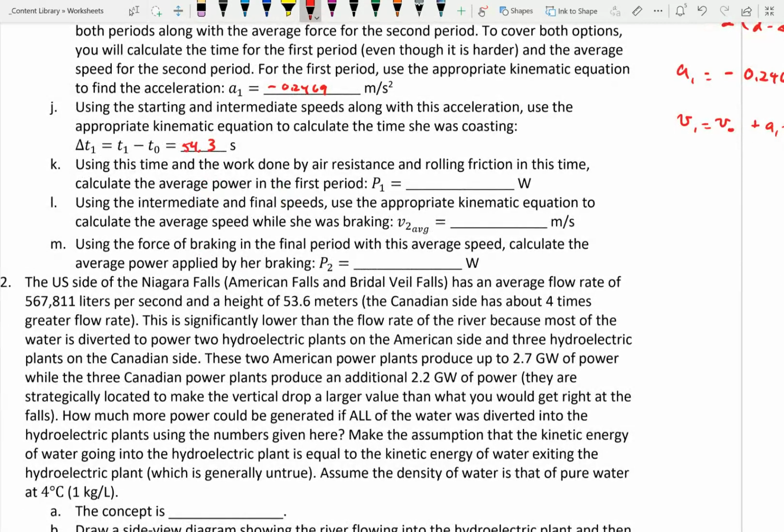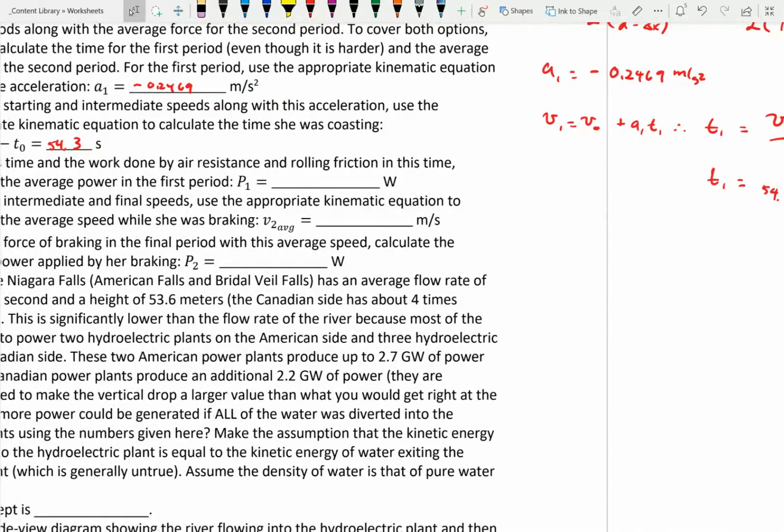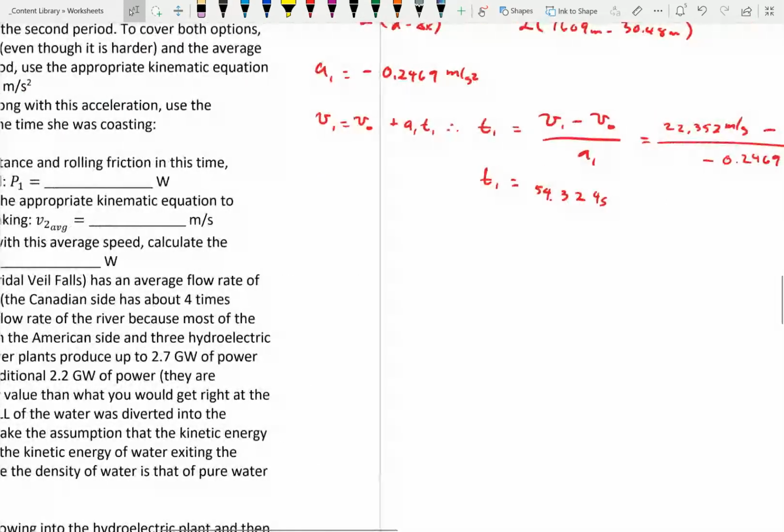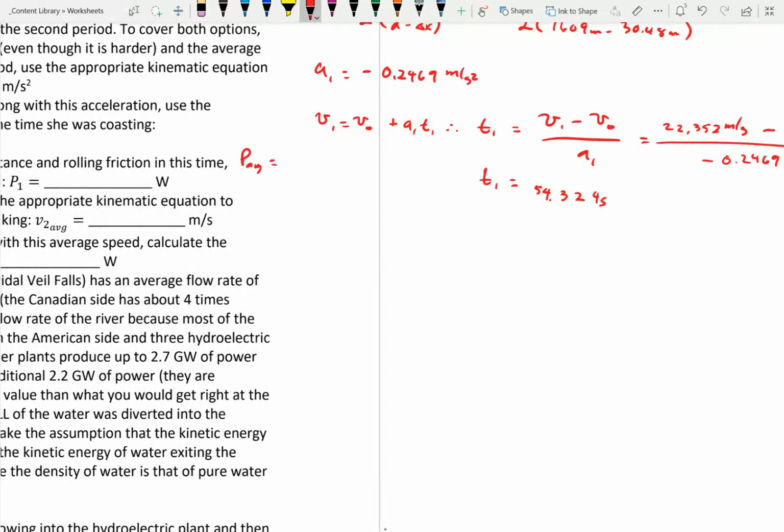Using this time and the work done by air resistance and rolling friction in this problem, calculate the average power. So power average is equal to work over time. And so that work was minus 1.185 times 10 to the 6 joules over 54.324 seconds.